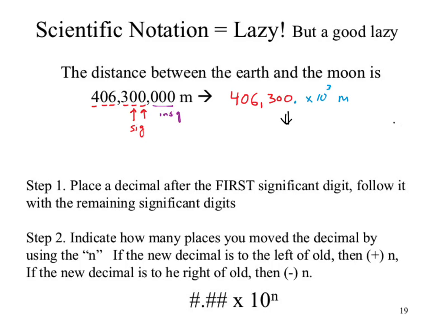To get it to proper scientific notation, 4.06300. Those zeros are now significant because we have a decimal point. Because we have a decimal point, for the 0 to be significant, what needs to happen? It just has to have a sig fig to the left of it.